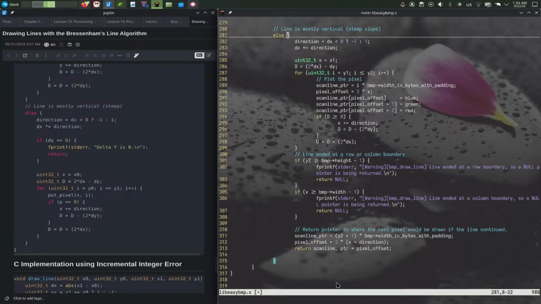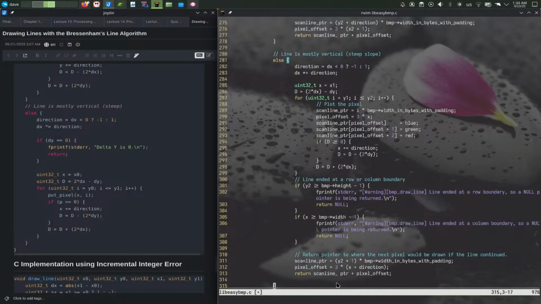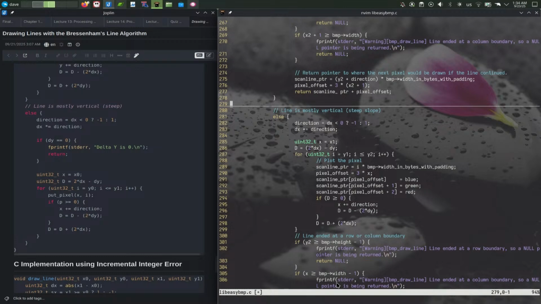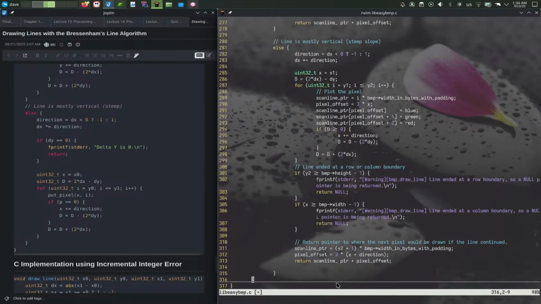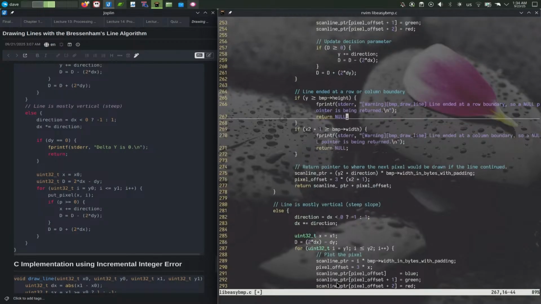I think that's correct, and that's also different. This is y2 plus direction. Instead we're doing y2 plus 1. And this is x2 plus 1, but instead we're doing x2 plus direction because it flips. I believe that's correct. Anyway, so this, though, is wrong. If x2 ends the boundary, and same thing if y ends the boundary.